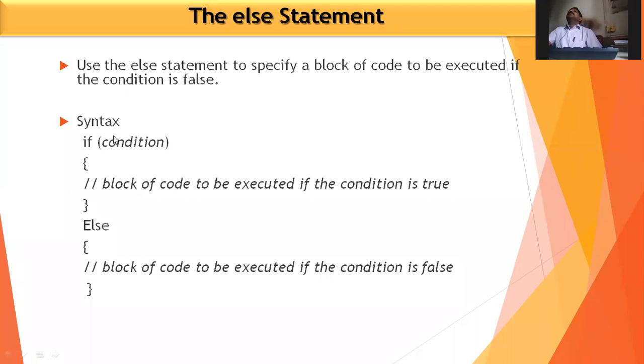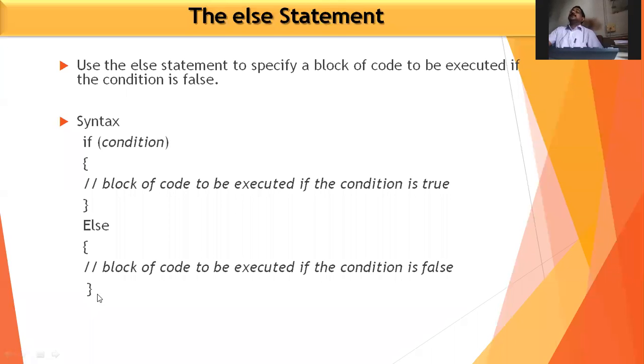Now, if the condition is true, the block of code written inside the true block of statements will get executed. If this condition is false, then the else part will get executed. The else part has the block of code to be executed if the condition written after if is false.